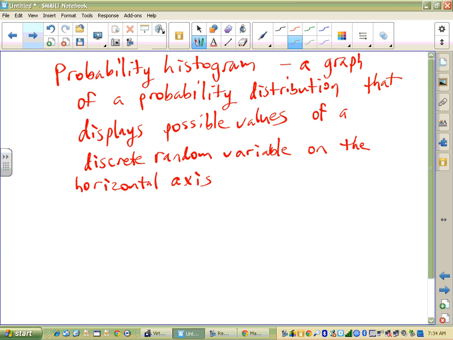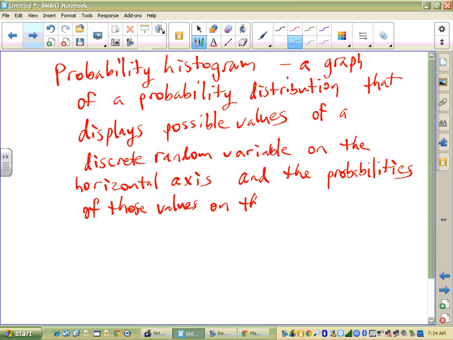And the probabilities of those values on the vertical axis.